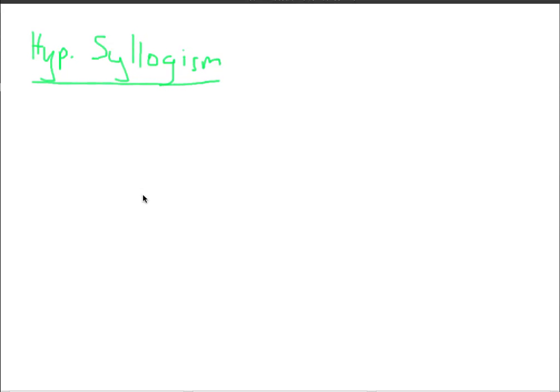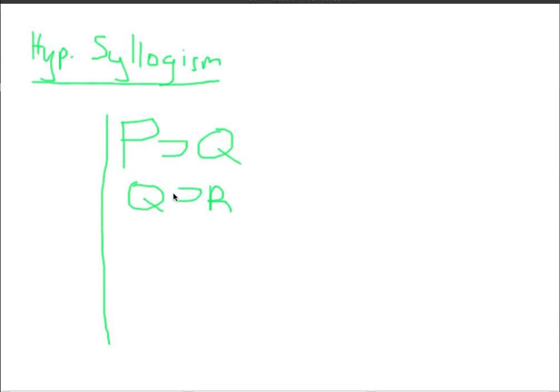So hypothetical syllogism basically lets you go from a sentence if P then Q, and another sentence if Q then R. It lets you go from these sentences straight to if P then R. And the justification will be HS, which stands for hypothetical syllogism, and then you have to cite these 2 lines. So in this case, line 1 and line 2.